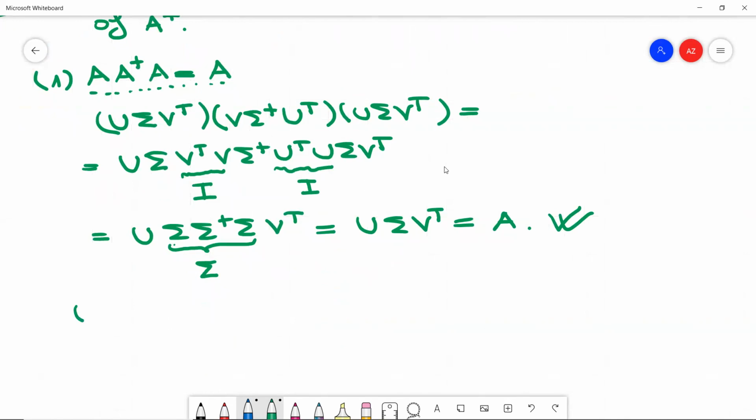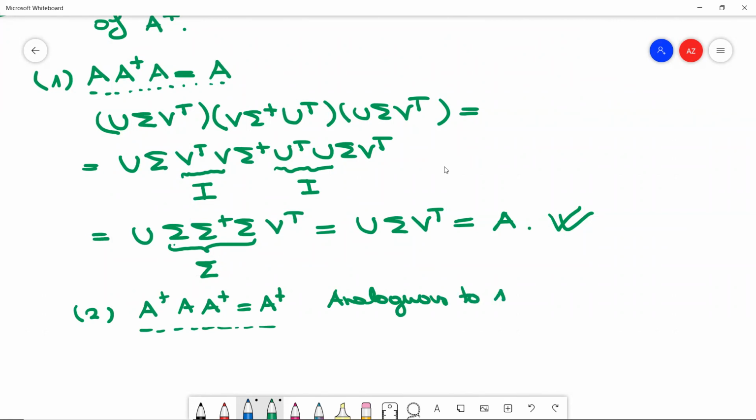Then the second one is analogous. So A plus should be A plus, an analogous computation, so we won't do it. And the third, A plus A transpose should be A plus A, so A plus A should be symmetric.